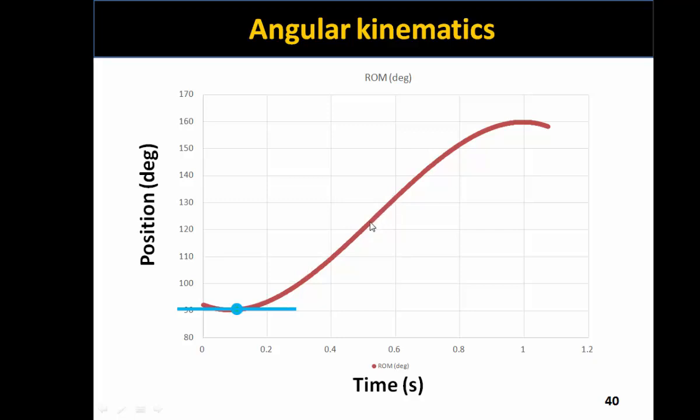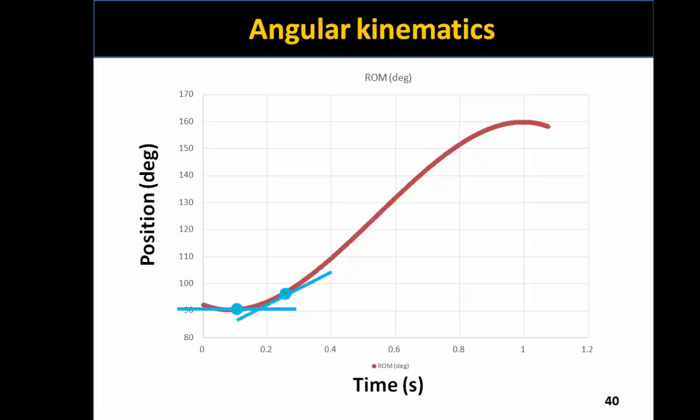But we have to have a way to identify how the steepness of the slope is changing as a function of time. At the very beginning of the movement, at this instant, we have a zero slope, a perfectly horizontal line indicating that there is instantaneously zero change in position as a function of time. Therefore, the velocity will be zero.